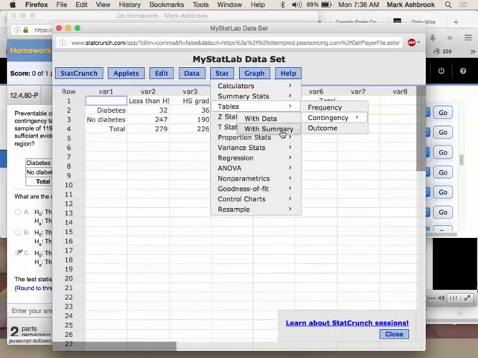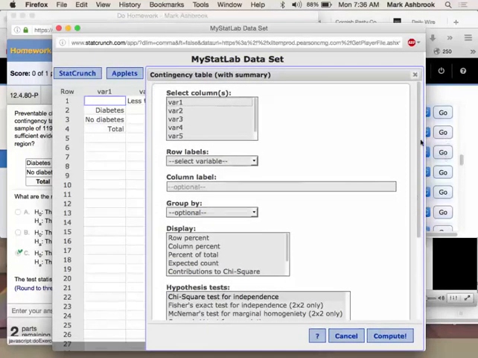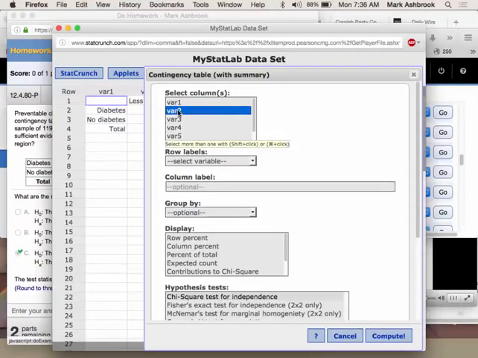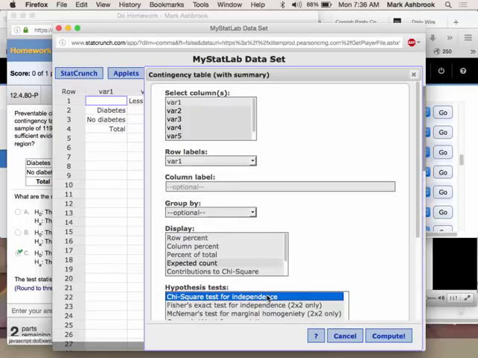This is the summary data. And our columns are going to be 2, 3, 4, and 5. The row labels are in column 1. Column labels are not in any row, so we'll just leave it blank. We want the expected count, and then we want the chi-square test for independence.